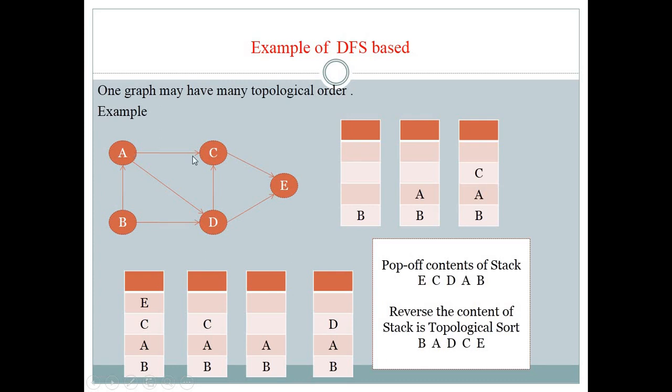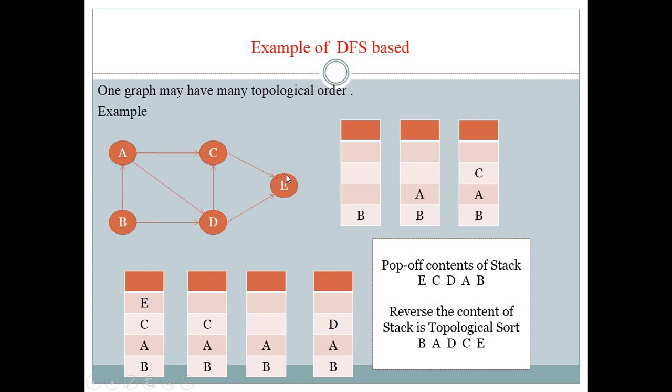We have selected C, so we will put C into our stack. From C we have only E as an adjacent vertex, because D is not adjacent to C, but E is, because we can go from C to E. So we will put E into our stack.